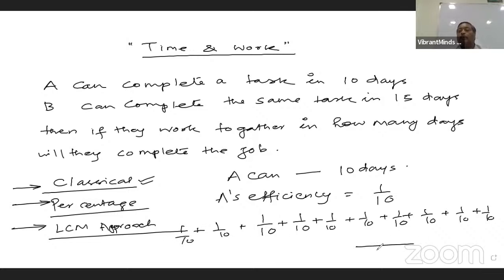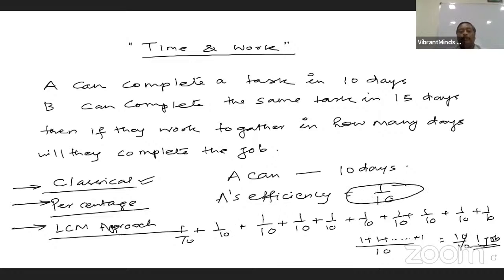So when I take the LCM, it will always be 1 plus 1 plus and so on, that is 10 by 10, and we have one job completed. Clear? So here we can say efficiency is very important.